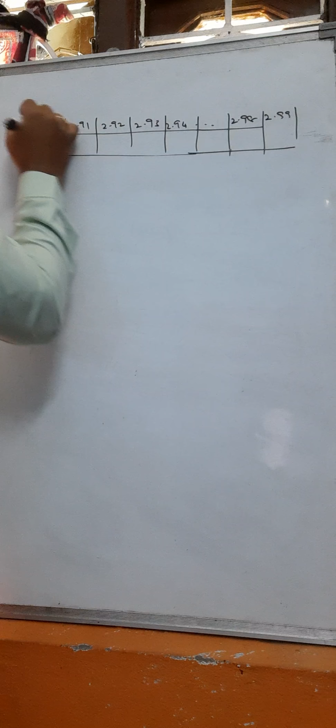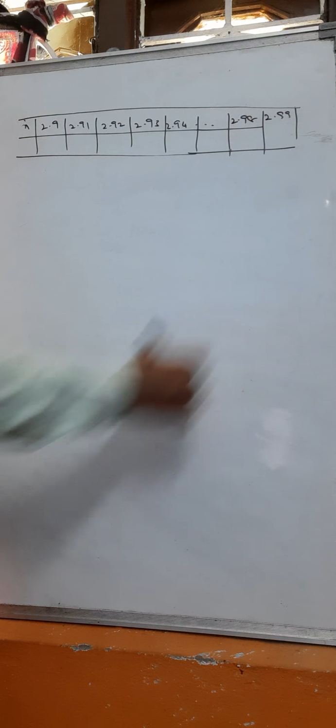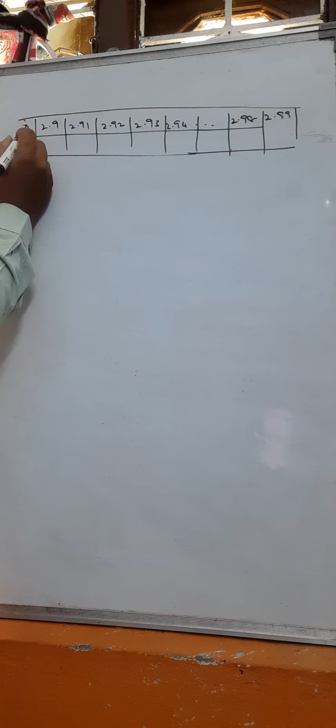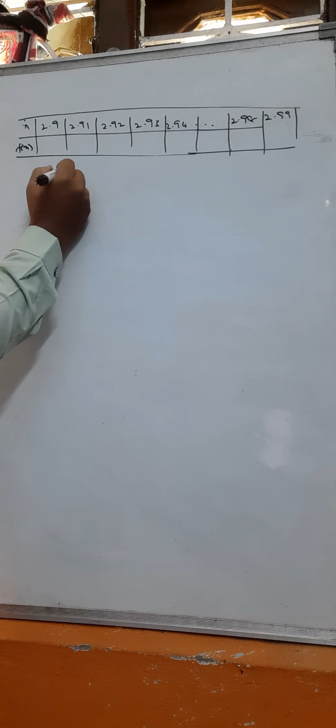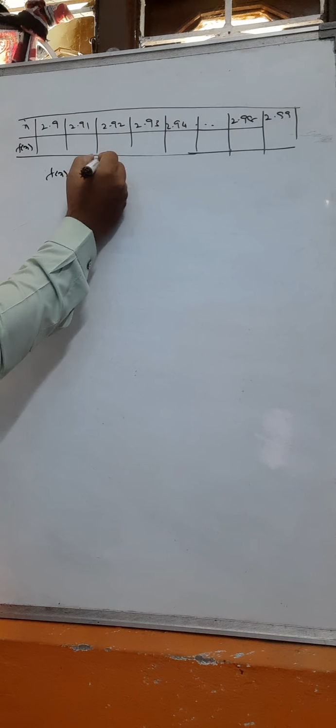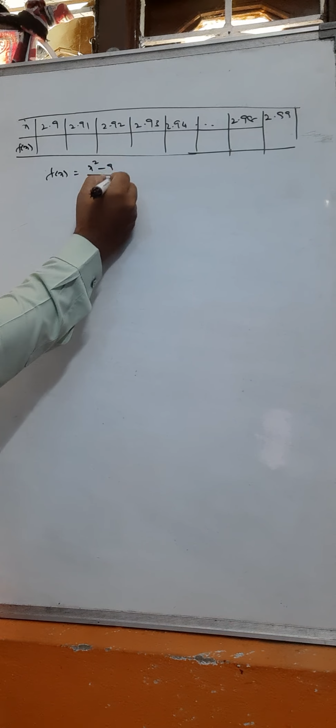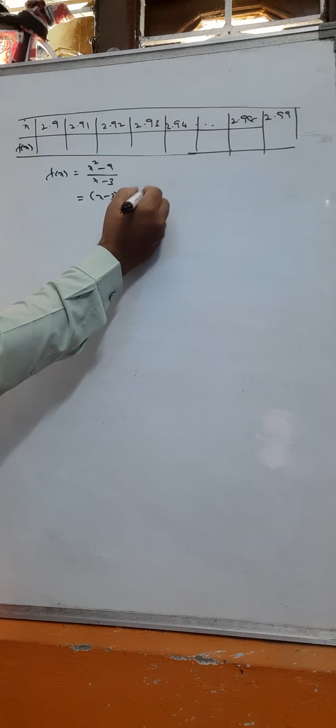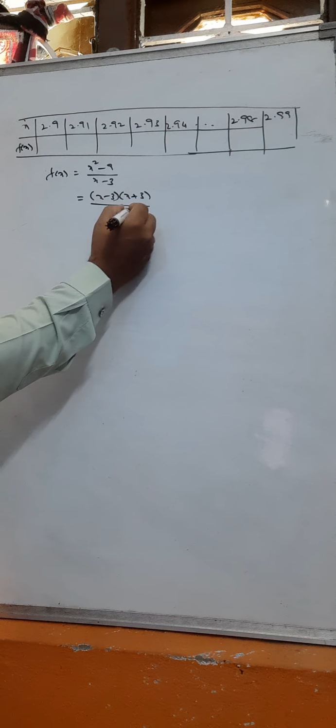These are the x's approaching 3 from the left side. So the corresponding f of x: f of x is x square minus 9 by x minus 3, that is x minus 3 into x plus 3 by x minus 3.